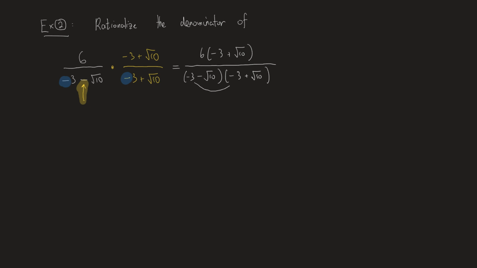If I carry out my FOIL, my distribution, first, outside, inside, last, I'll get that nice cancellation happening again. So my first terms, I get negative 3 times negative 3. I get negative 3 times root 10. I get positive 3 times root 10, right?